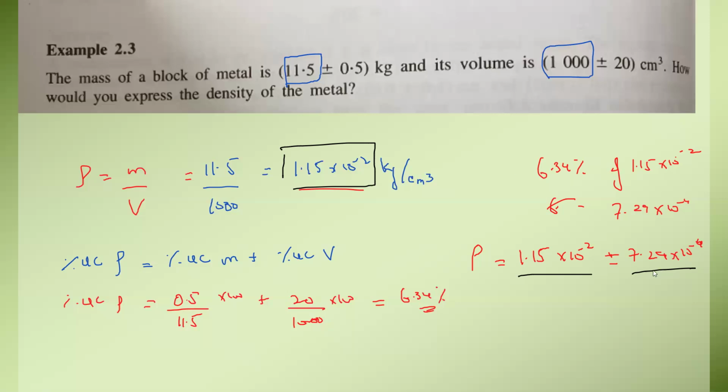So if I convert this into exponent minus 2, if I want to convert the 7.29 into 10 to the power negative 4 to 10 to the power minus 2, what will the answer be?